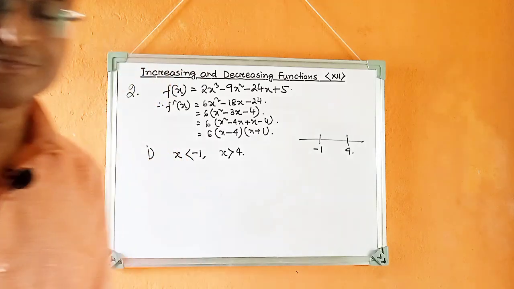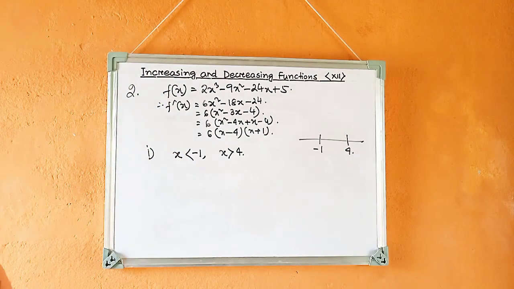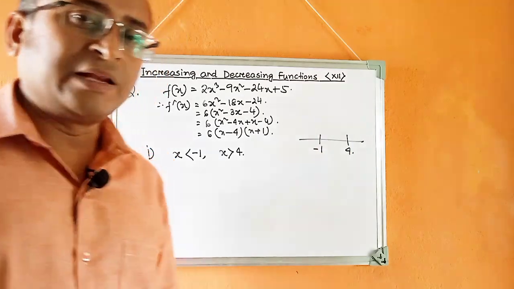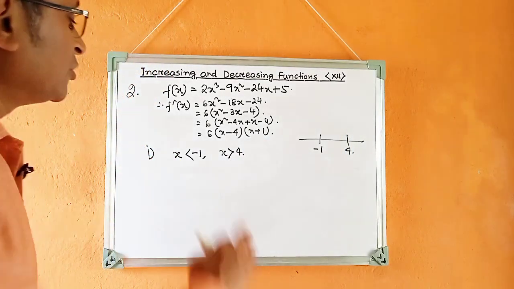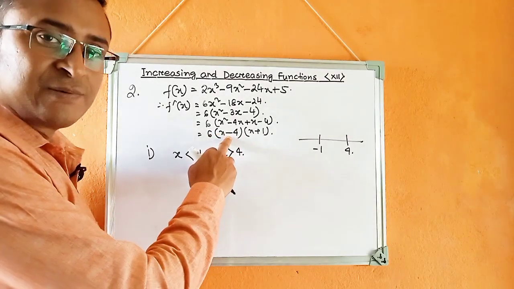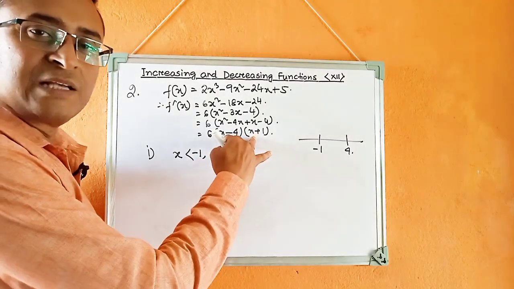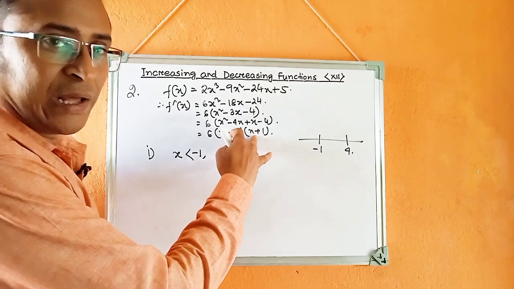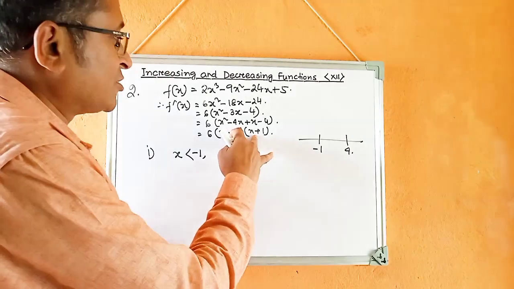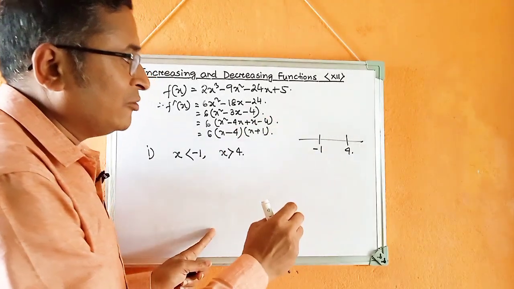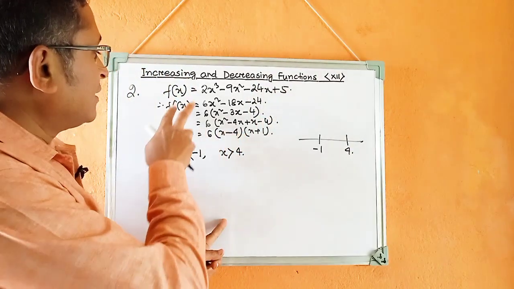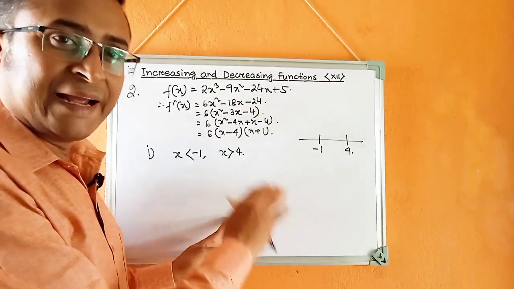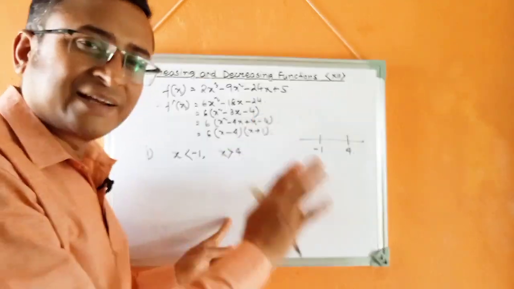Now strictly decreasing. Look in between minus 1 and 4 and take any value, suppose 0. Put 0 minus 4, this is a minus value. 0 plus 1 is a plus value. Minus into plus is minus. So any value we take between minus 1 and 4, the result of f dash x is negative. That means strictly decreasing.